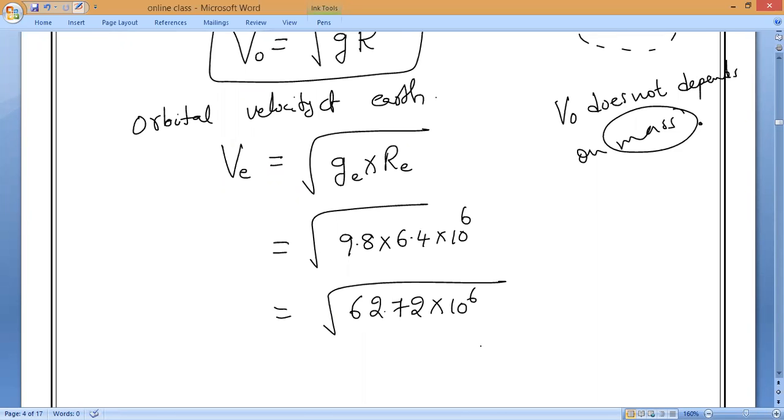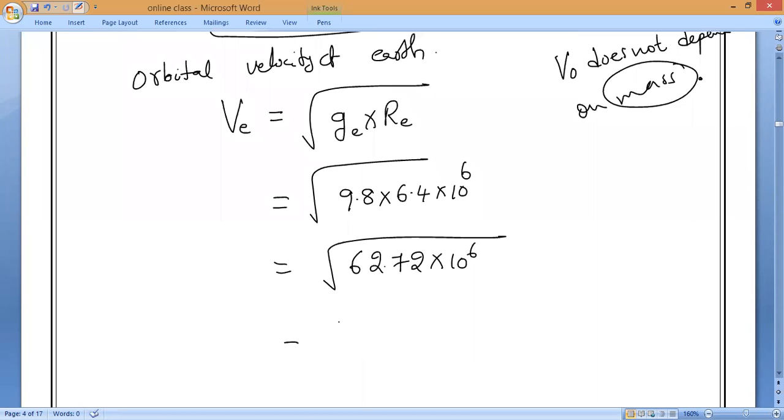You can take 10 power 6 as 10 lakh. Multiply and you will get approximately 62,72,00,00. Will you accept it? Yes or no, guys?